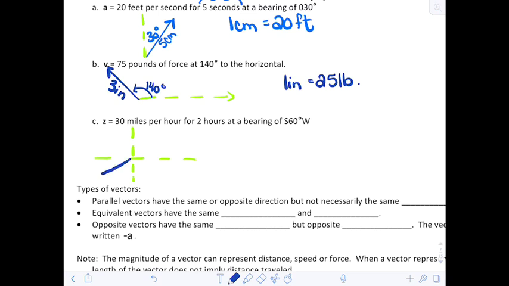So 60 degrees west of south is probably in here. Okay. So 30 miles an hour for 2 hours. Let's let 1 centimeter represent 30 miles. And if we're going to do this for 2 hours, then this would be 2 centimeters long, because it would need to represent 60 miles.